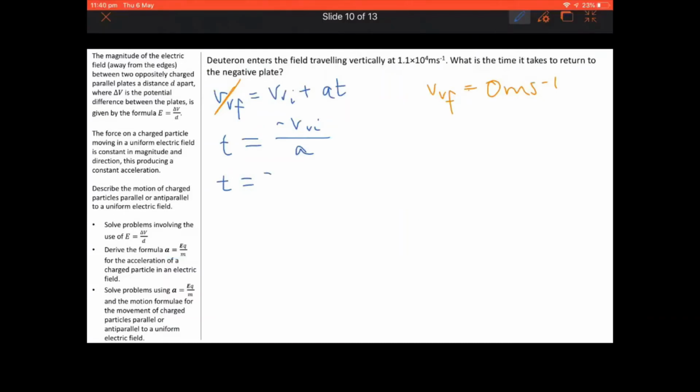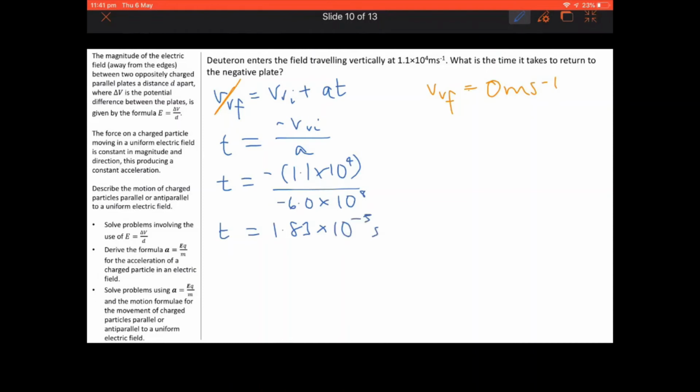So we'll have negative and then the initial velocity, which is 1.1 by 10 to the 4, and then our acceleration will be negative 6.0 by 10 to the 8. That will end up being 1.83 by 10 to the negative 5 seconds.